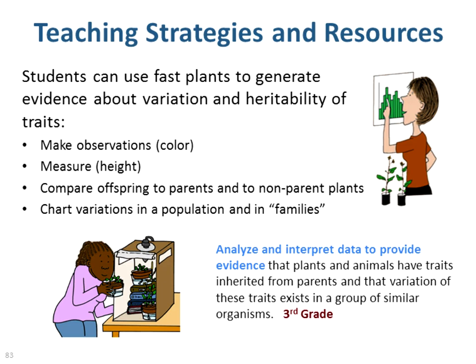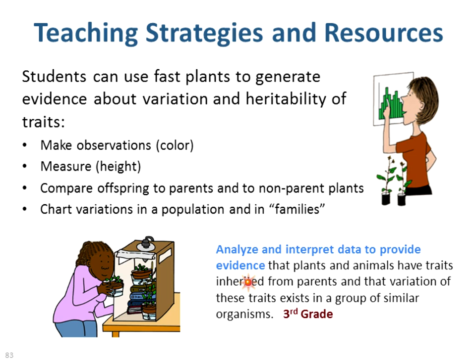With the older grades, when we think about 3rd grade to 5th grade, here we have analyze and interpret data to provide evidence. So here we want this evidence to be more generated by the kids and using more tools, right? So in 3rd grade, we want to start introducing more of the scientific tools with which we can reason and quantify, measure, capture variation. One really neat way of doing that is Wisconsin Fast Plants.